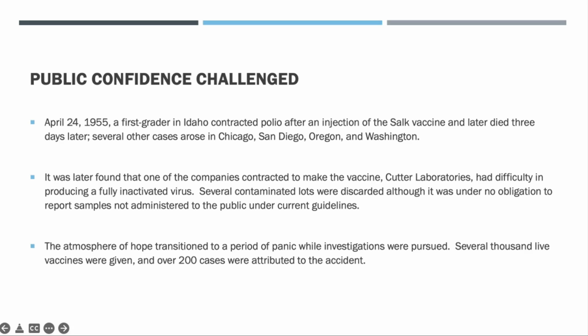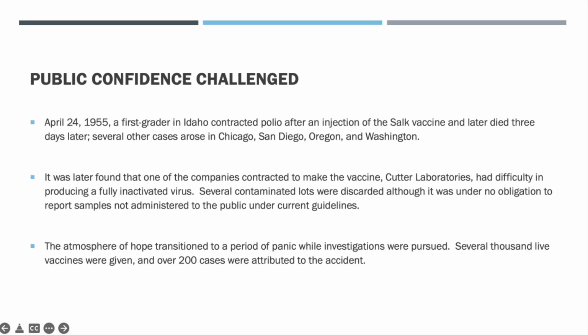And what had happened was, in anticipation of this announcement, several companies had actually already started to stockpile the vaccine. And one of those companies was having some difficulty in producing a fully inactivated virus. The lots that they had identified were discarded, but under the regulations, there was no obligation to report any of those findings to the public.